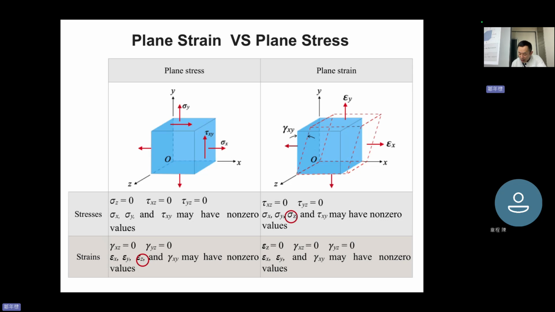Or you will have sigma z in plane strain. Of course, again, Poisson ratio. Because if you don't have any epsilon z, it will be kind of impossible, because it definitely has its own Poisson ratio effect. But you don't have any epsilon z means something constrains it, so it has sigma z.